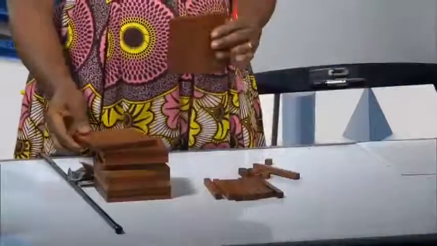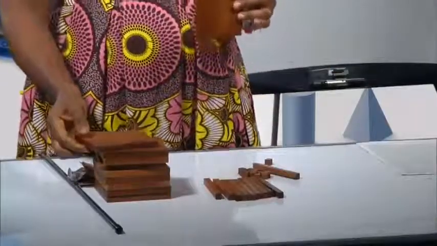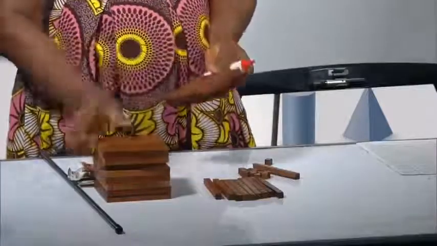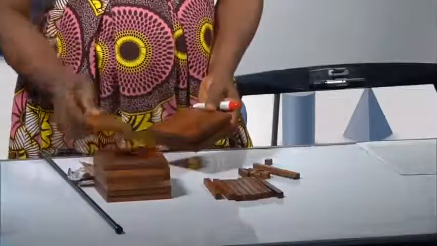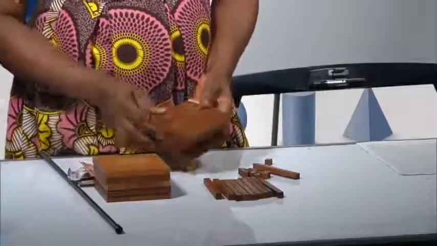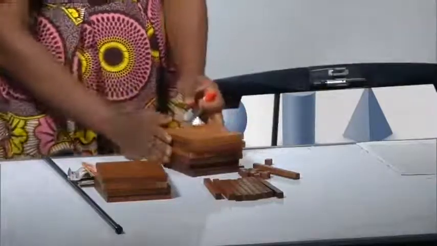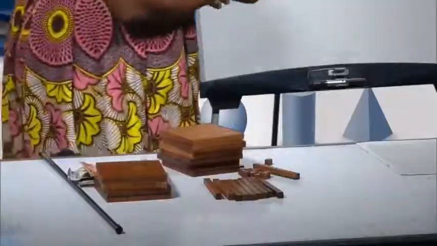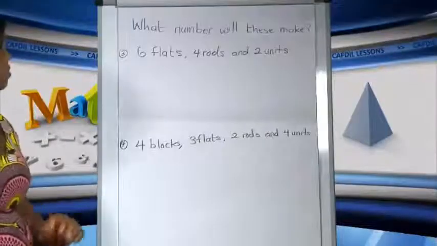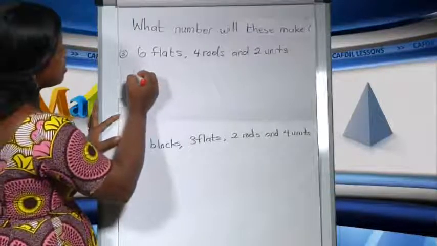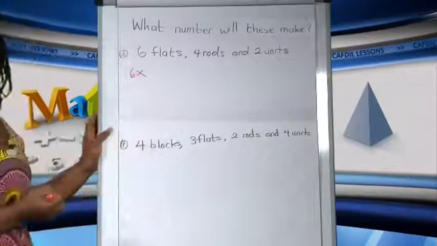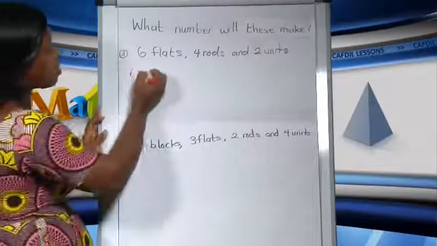Now the flats, 6 of these flats: 1, 2, 3, 4, 5, 6. Of which we know the value of each flat. So 6 times a flat is 100,000.